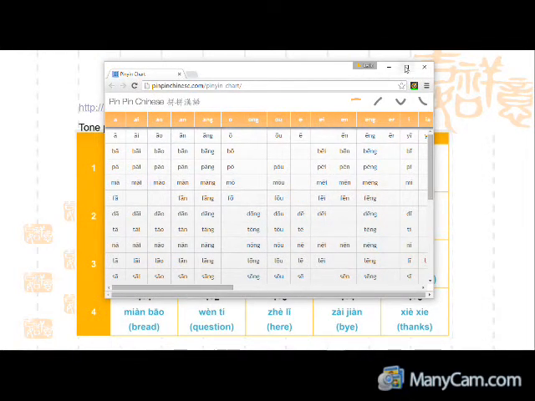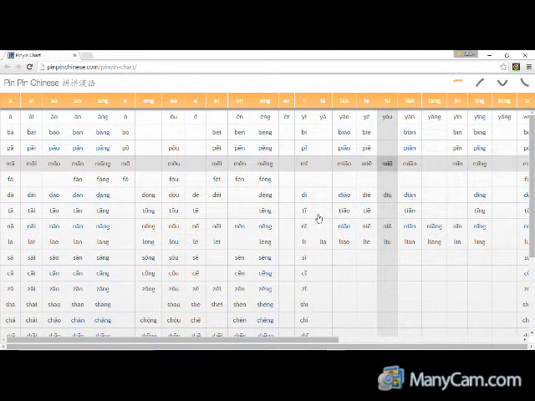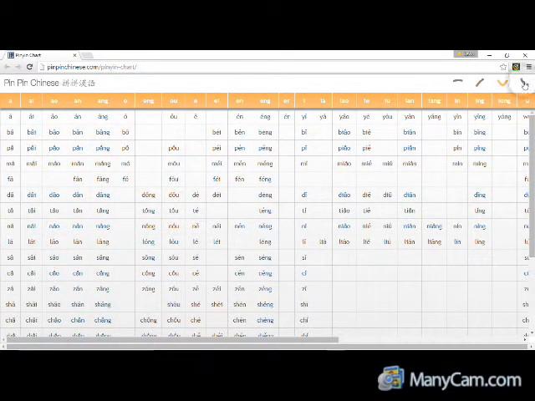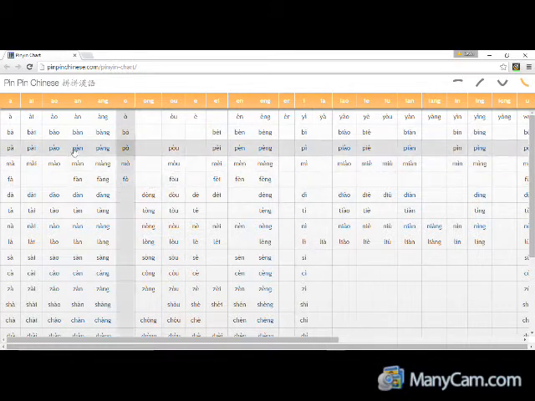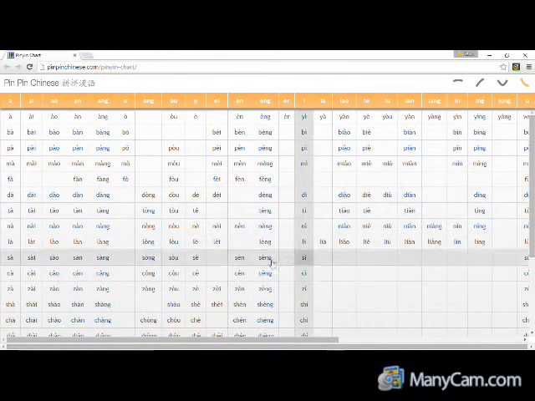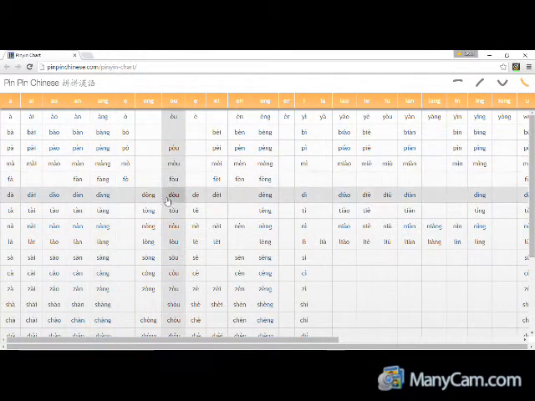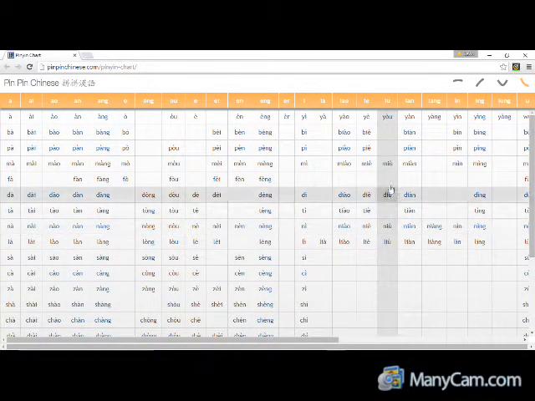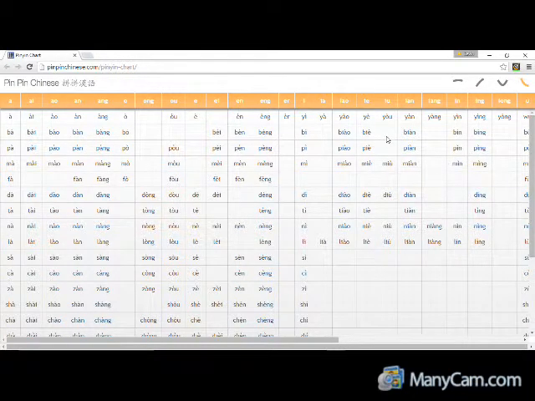This chart here is a massive chart, actually very useful, because it gives you all 4 tones and some of the combinations we have. Do not try and memorize this, because there are some that we don't really use a lot and they're actually part of dialects. Now, I'm of Northern dialect, so some of them I don't really use as much as others.